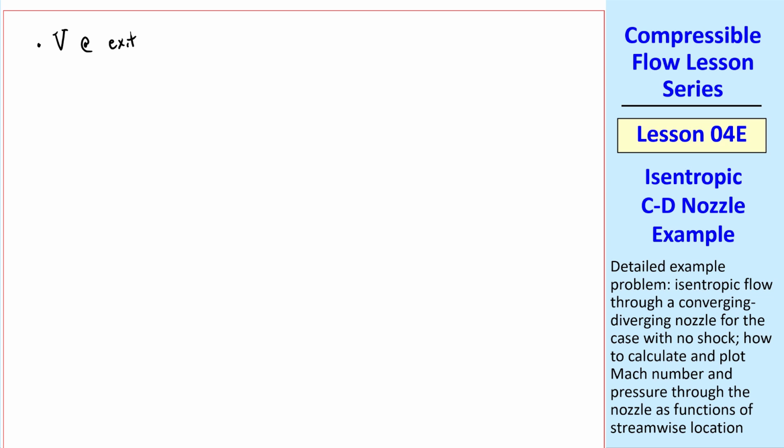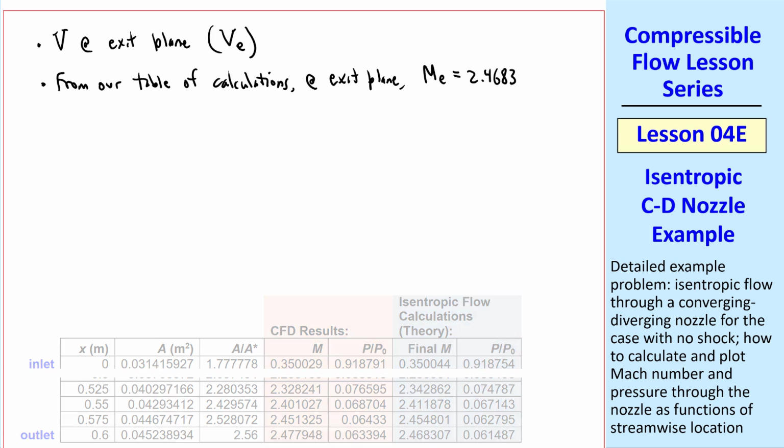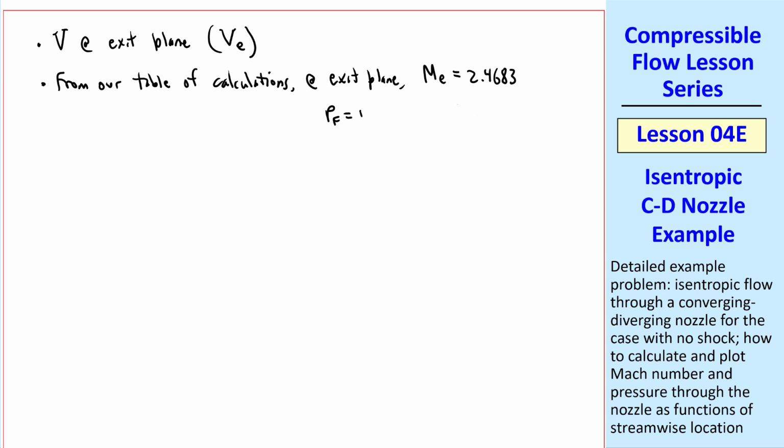Finally, let's calculate V at the exit plane, which we'll call V sub E, E for exit. From our table of calculations that I did in Excel, at the exit plane, ME is 2.4683, PF, the ideal expansion case, was 13.5271 kPa, and our PB is 50.0 kPa, which as we've said is greater than PF.